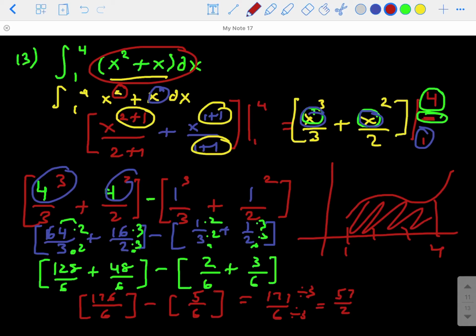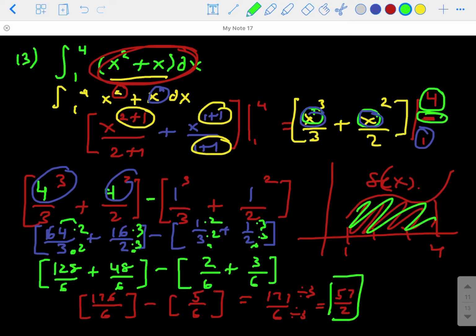Now this funky looking function, f of x, and the area underneath the curve will be 57 over 2 square units. Or you could just divide this out so that you get 28.5 square units. So either of these two works perfectly well.